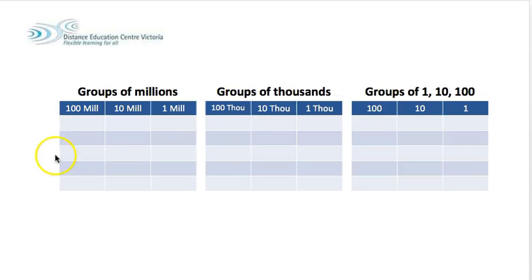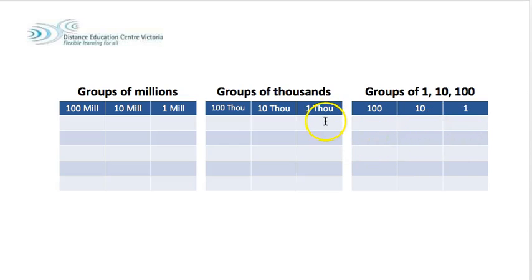Let's have a look at another way of grouping numbers. Remember we talked about groups of 10. Here is a number chart to help you read your numbers. We have ones, tens, hundreds, and that could be 357.